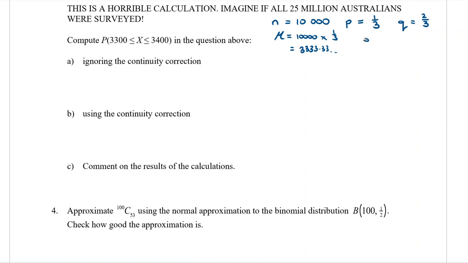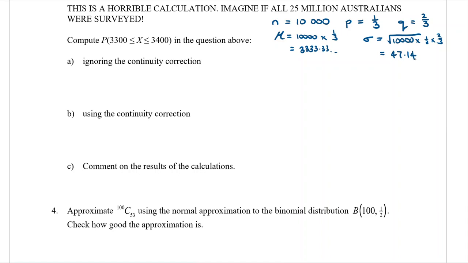I also need to know my standard deviation, which is square root of NPQ, which is 10,000 times 1/3 times 2/3, and that is 47.14.